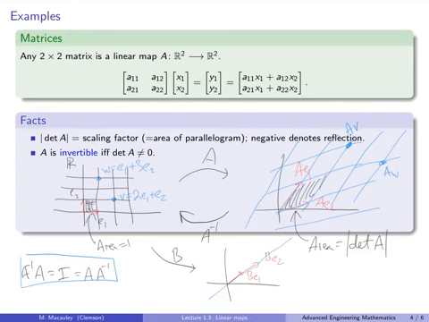Then this whole grid would get collapsed down to a single line, and the area of this parallelogram, well, it's now just one-dimensional, so the area is 0. In this case, you can't pull apart these vectors. There's no way that you can invert this map because you've already collapsed a dimension. So that's the geometric reason for why this basic algebraic fact is true.